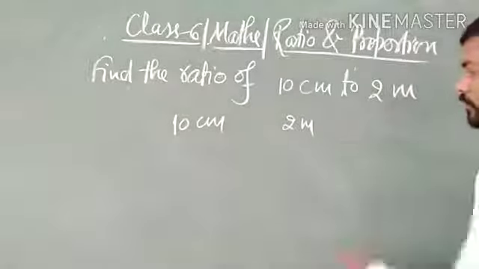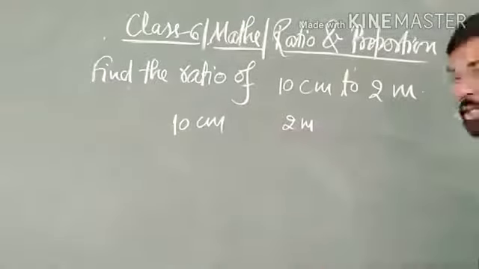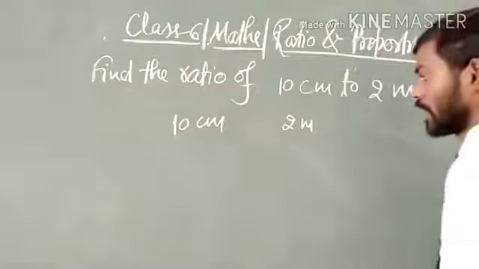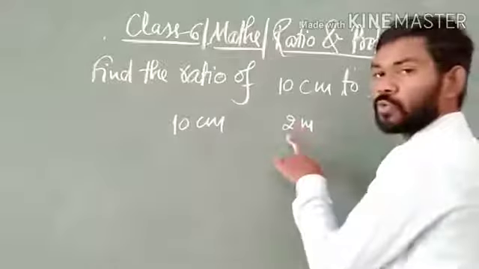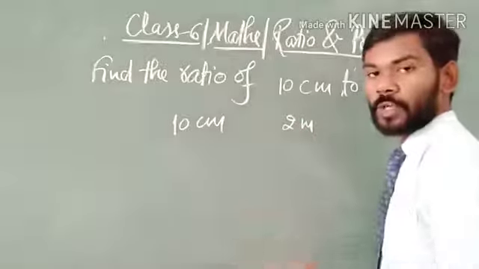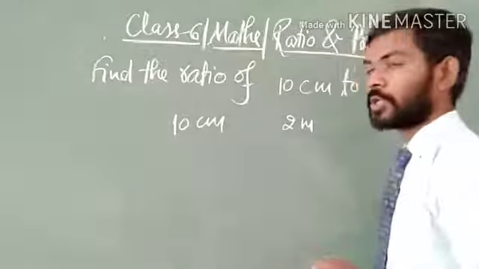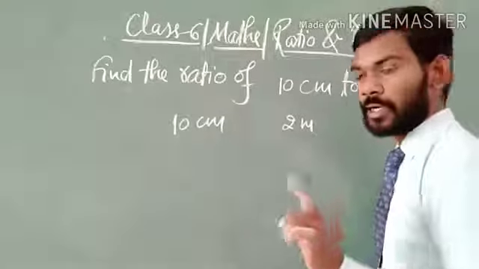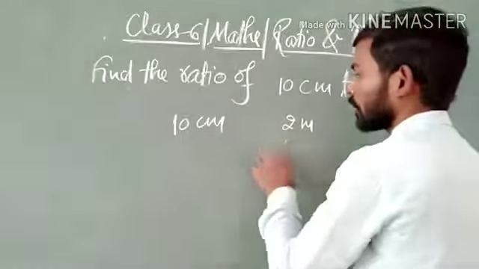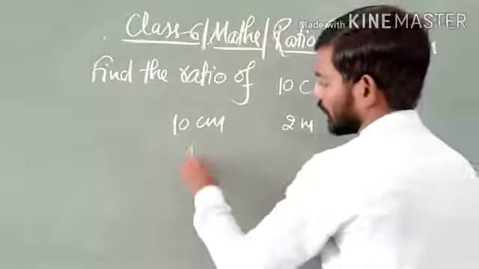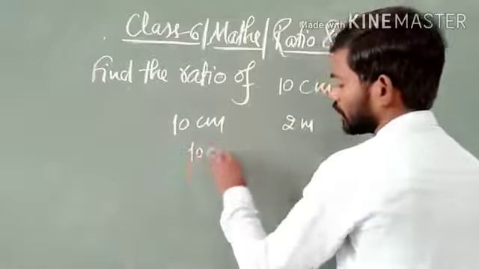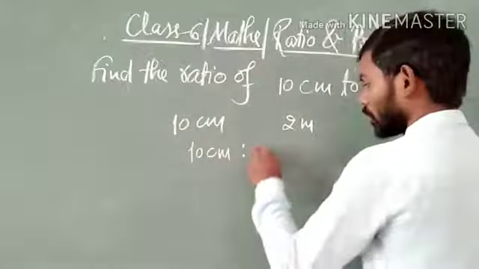So we shall convert 2 meter into centimeter by multiplying 2 by 100, because we know that 1 meter possesses 100 centimeter. So it may also be written as 10 centimeter is to 200 centimeter.